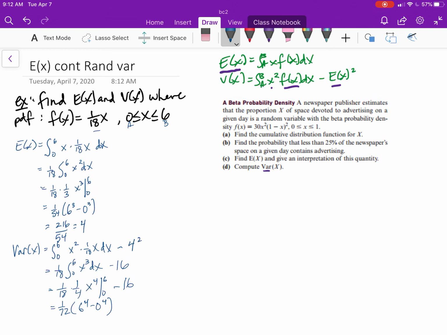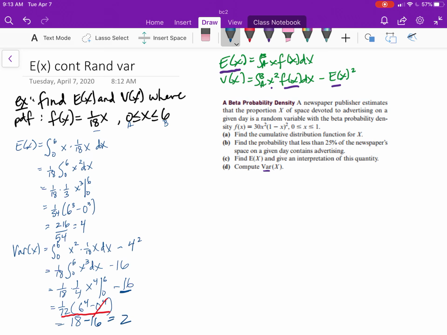We get 1 over 72 multiplied by 6 to the fourth, which is 18. We didn't even need 0 to the fourth. We get 18, and then subtract the 16, so the variance is 2.